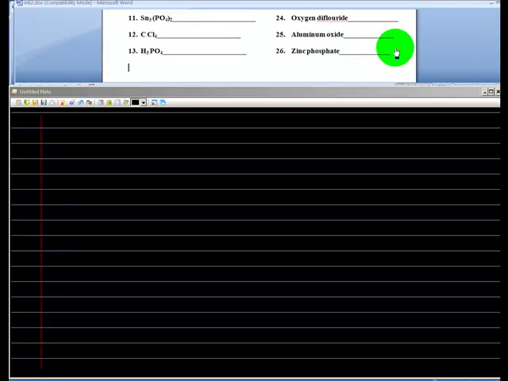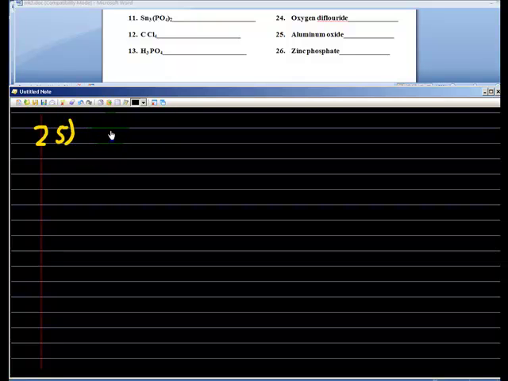All right. Another example of the first category, category number 1, is question number 25. 25 says aluminum oxide. Aluminum, if you look on the periodic table, is a +3. That's because it's going to give up 3 electrons in order to achieve a completed valence shell, which is the next one inside.